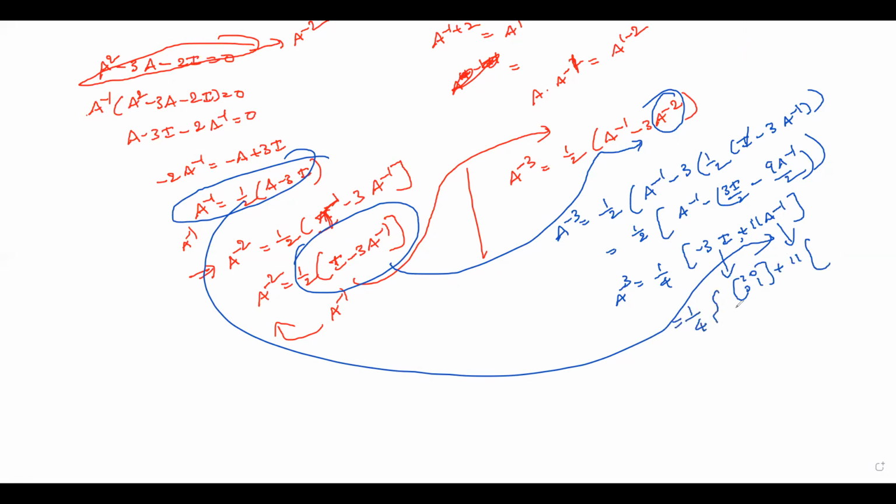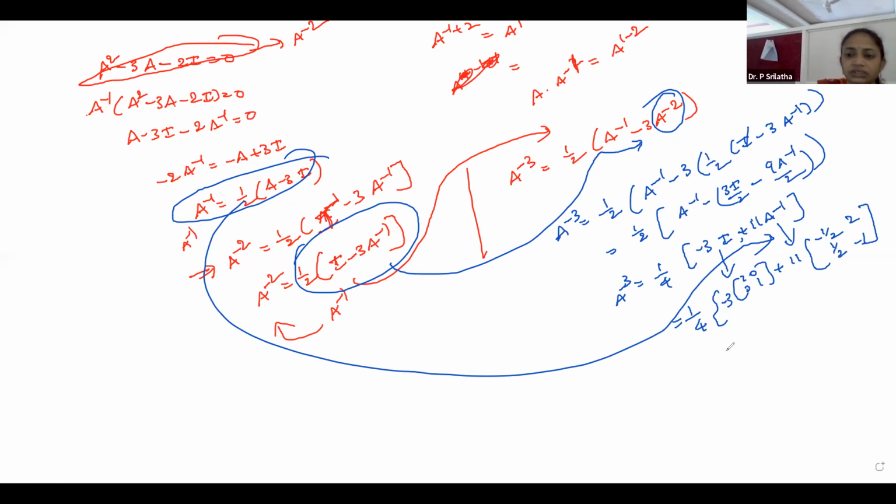What is minus A inverse? Minus 1 by 2. So after simplification, you will get the answer. What is the power minus 3 value?